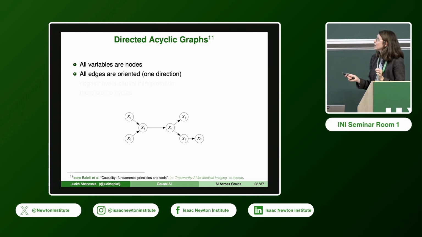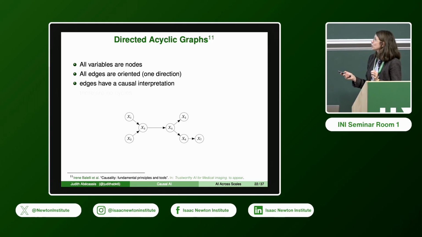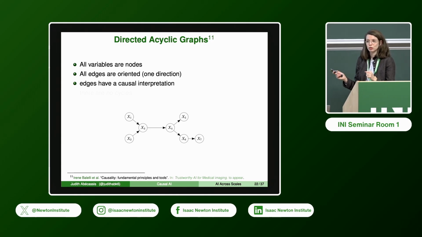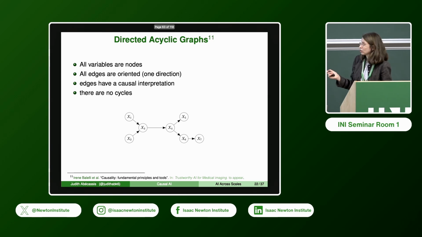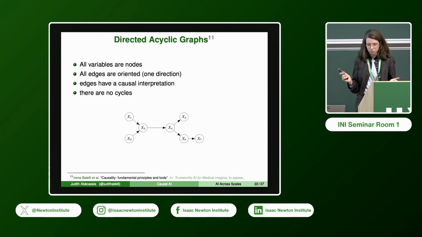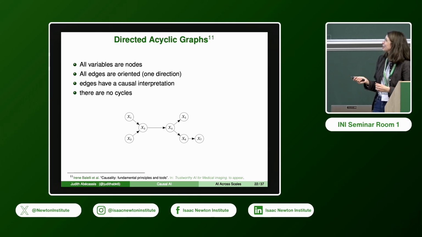So actually, if I'm not sure about what is happening, for example, I don't know what this x1 variable is doing, I should put edges towards all the other nodes. The big assumption is not in the presence of an edge, but in the absence of an edge, because that's where I say, okay, I believe that this variable is actually not influencing at all this other one in a causal way. And there should be no cycles, because otherwise the problem is intractable.